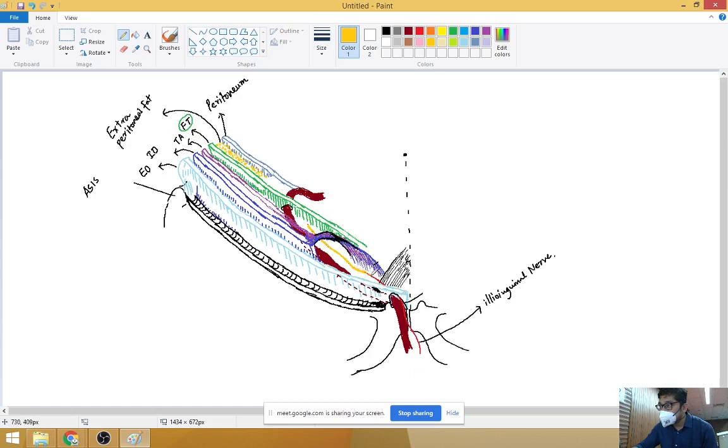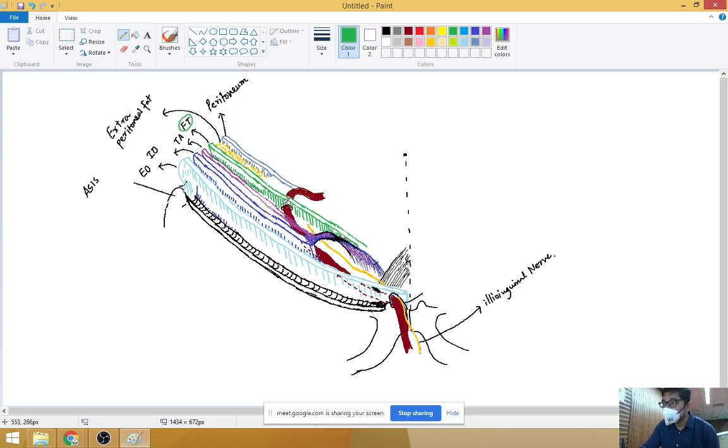Now, this spermatic cord is coming and passing through the different layers, different muscles, different aponeuroses. It takes upon itself a part of the different muscles and aponeuroses. Suppose first it passes through the deep inguinal ring, which is situated 1.25 centimeter above the mid inguinal point.